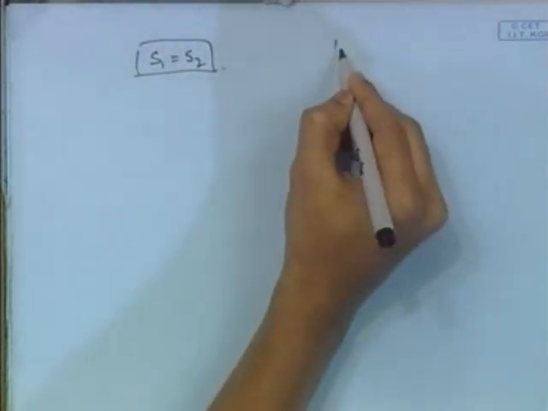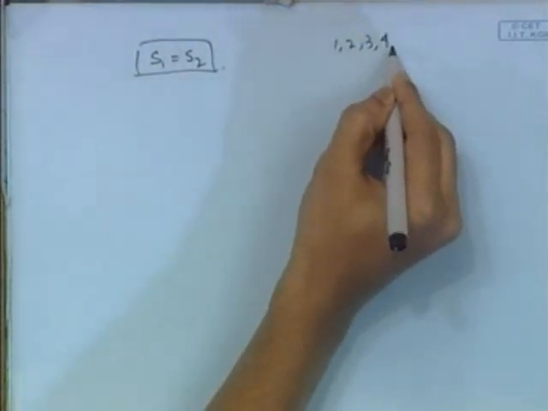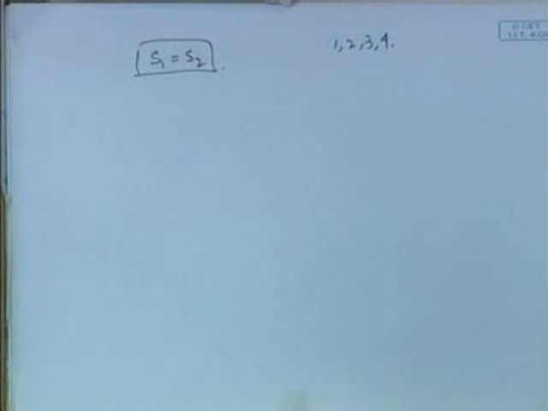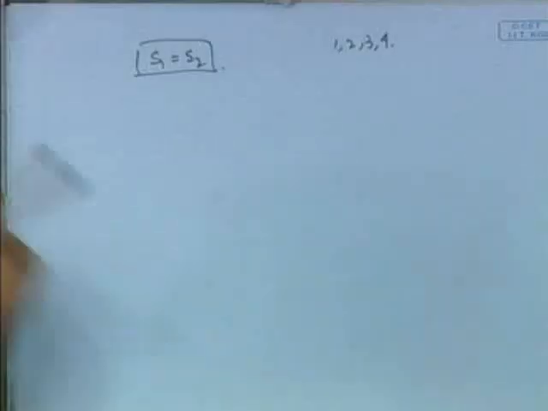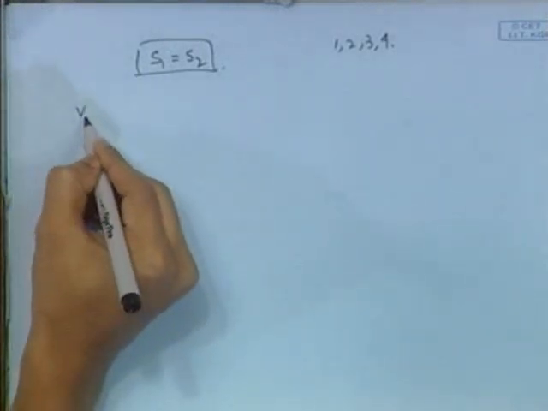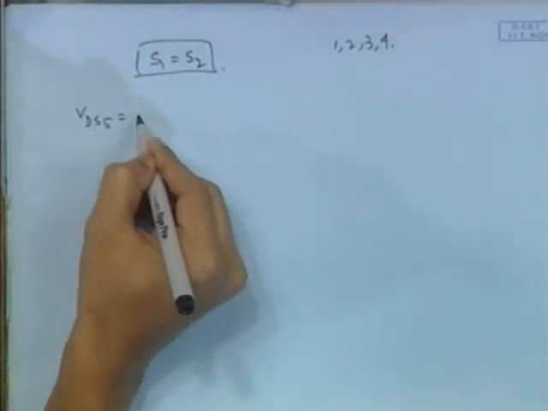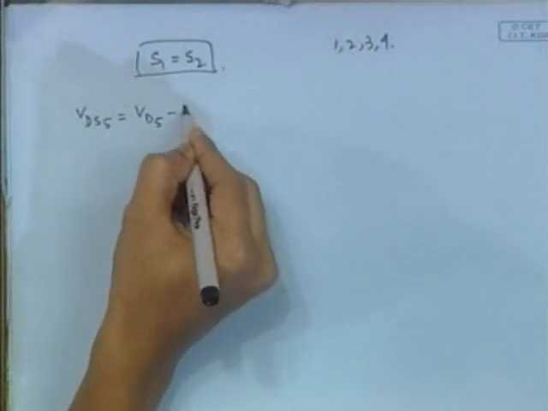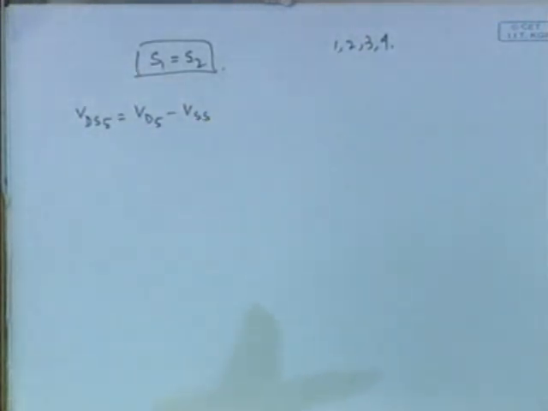So 4 of the transistors we are already done with: 1, 2, 3 and 4. Now we will go for the 5th transistor, the transistor through which the tail current is flowing. For that we need to find VDS5. What is VDS5? VD5 minus VSS.